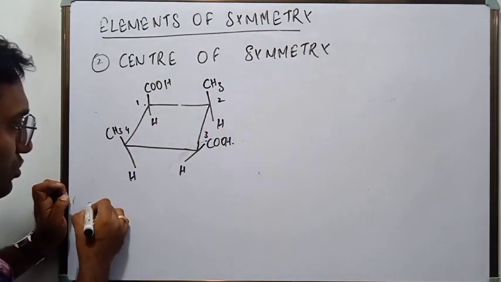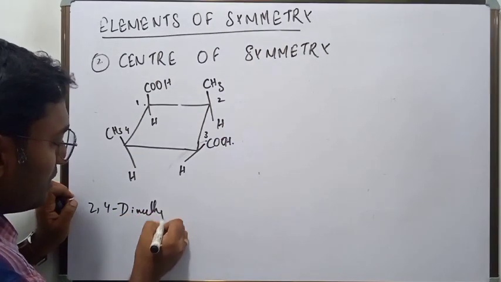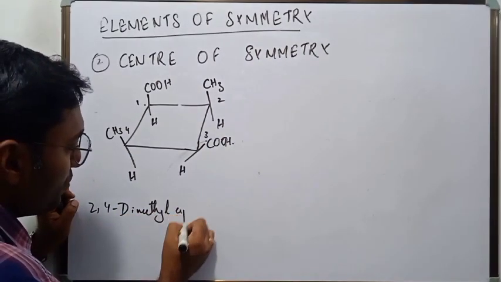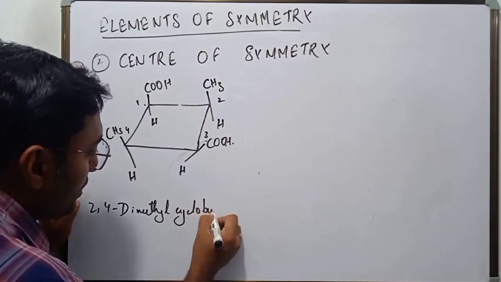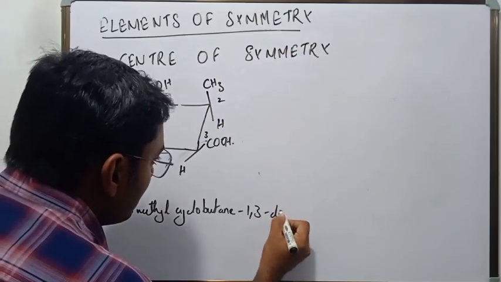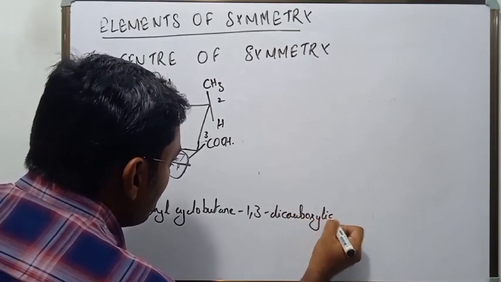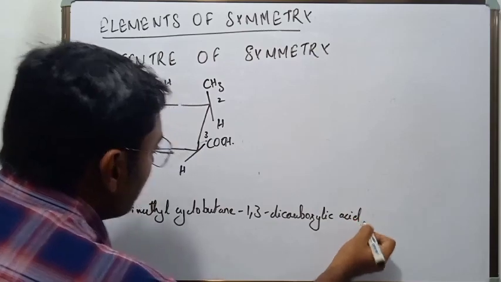So this is 2,4-dimethyl cyclobutane-1,3-dicarboxylic acid. Now you can see the center of symmetry.